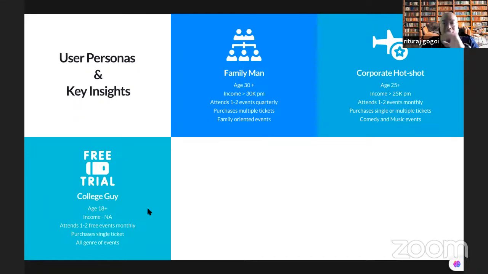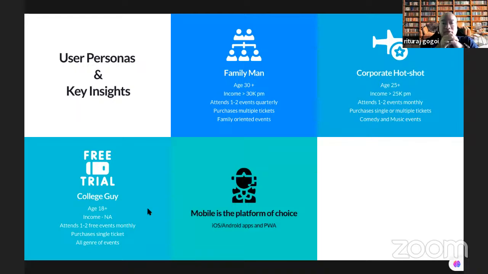With that in place, the first insight that we were able to identify was that mobile is the platform of choice. One thing was for sure: all these personas, the family man, the corporate hotshot, and the college guy, were doing event discovery, event shortlisting, sharing of events, and even event purchase on their mobile phones.